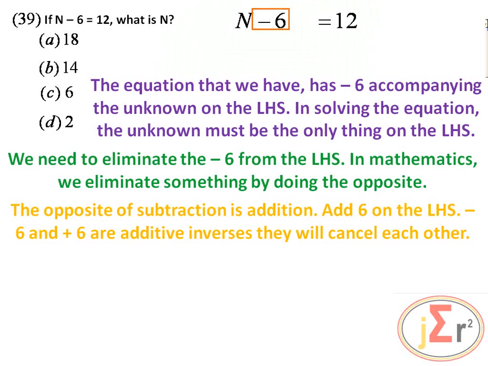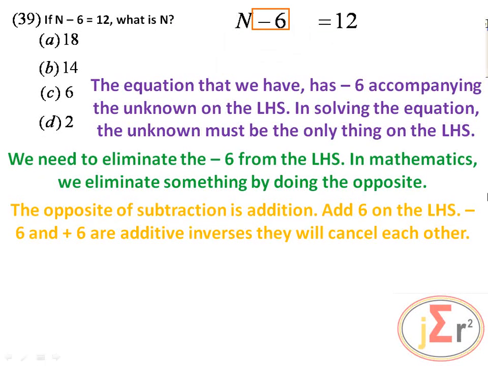Negative 6 and positive 6, or take away 6 and add 6, or we may say subtract 6 and add 6, are additive inverses. They will cancel each other.